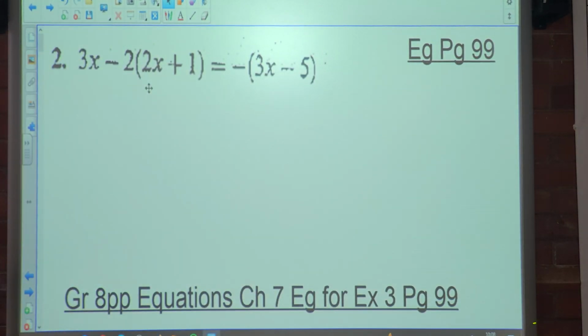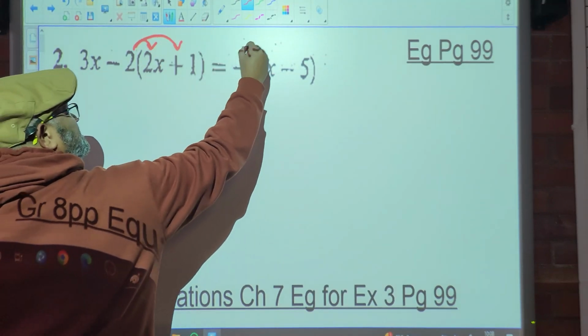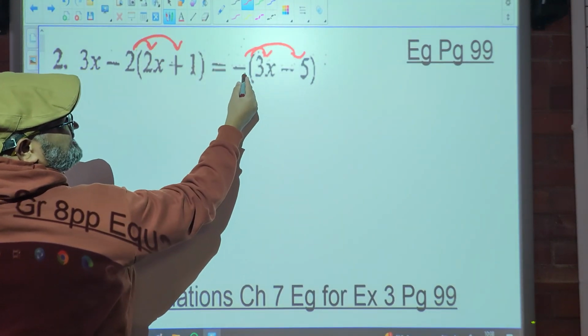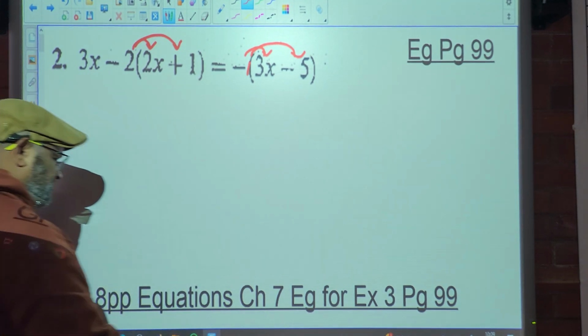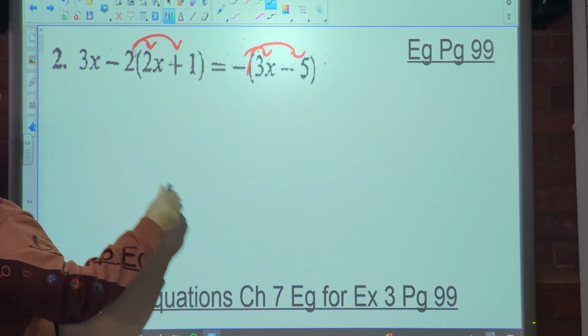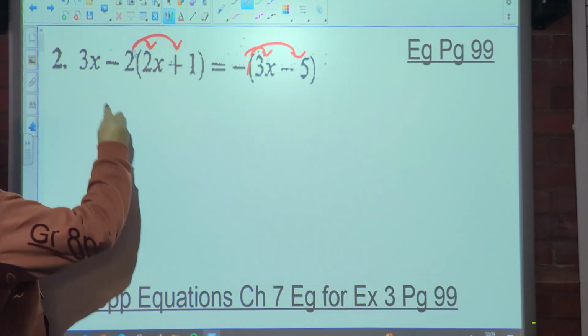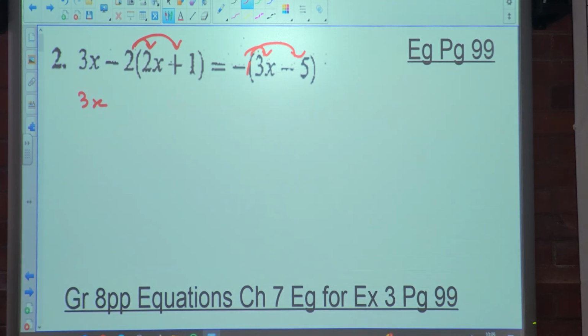Okay, so what do we get? We get rid of these brackets here, multiplying. Remember, if there's no number there, there's a 1. Not so? You all agree with that? Alright. So what do we have? 3x. What's negative 2 times 2x?